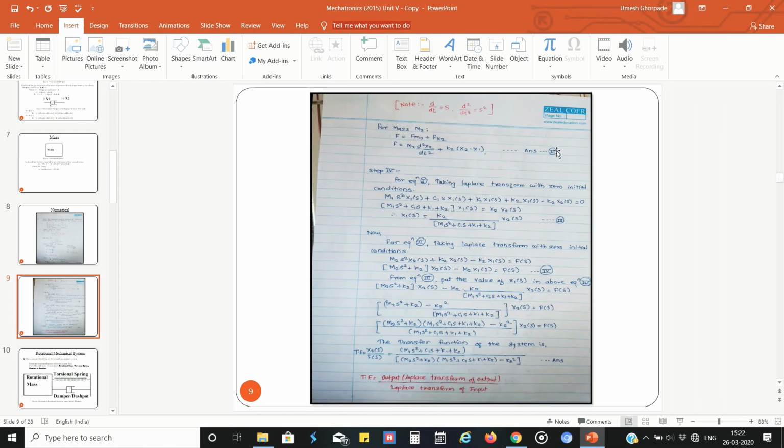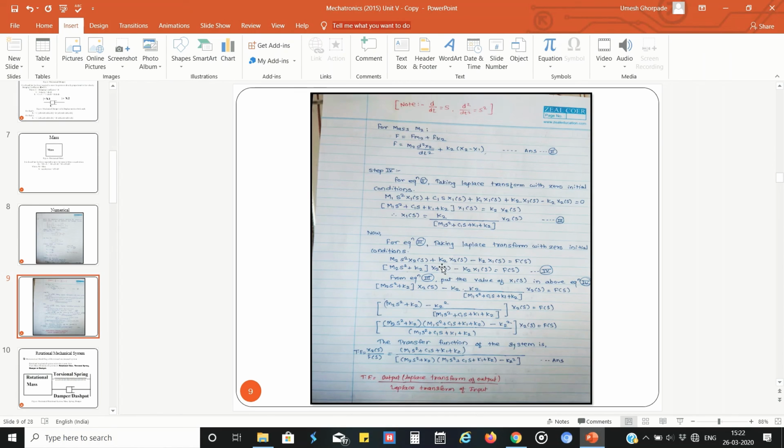Now we take the Laplace transform of equation number 2 with zero initial conditions. m2 s square X2(s) plus k2 X2(s) minus k2 X1(s) is equal to F(s). Here s square is nothing but d square upon dt square.